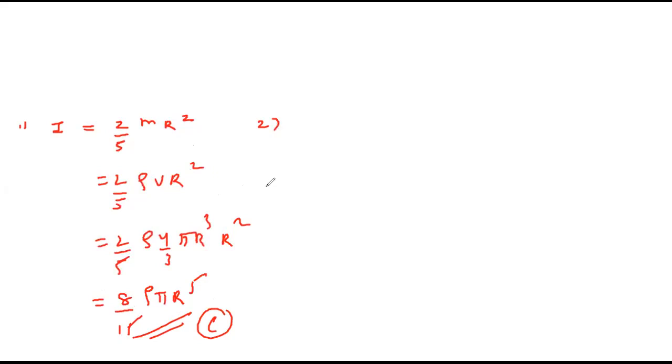Radii of two uniform spheres are R1 and R2, densities are rho 1 and rho 2. What is the ratio of their moments of inertia? Just like we proved for a solid sphere, I in terms of density is 8 by 15 pi rho R raised to 5.